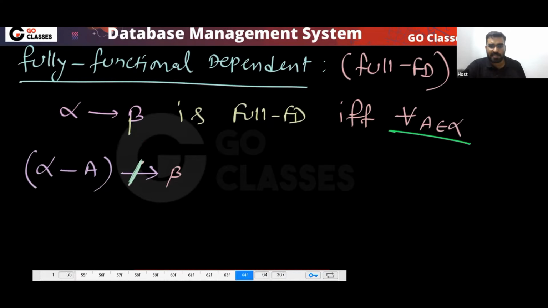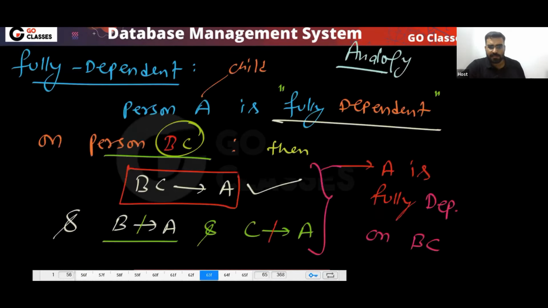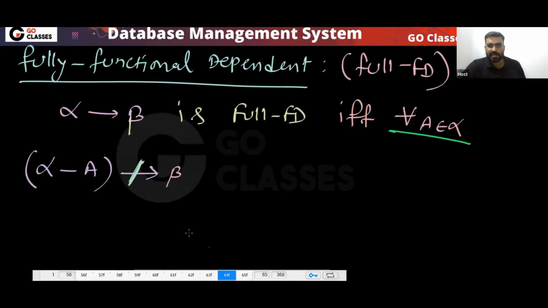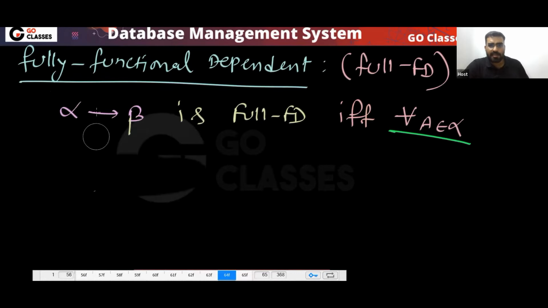Now the same definition in other words. Beta is fully dependent on alpha.